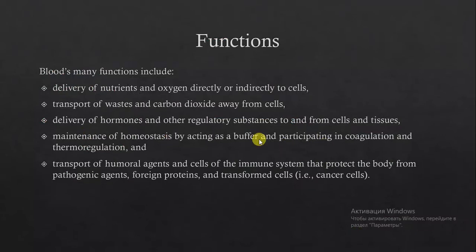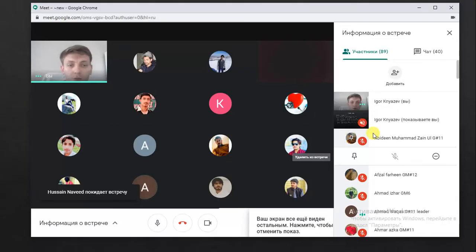Then the buffer system. I hope in chemistry you discussed what a buffer system is. A buffer system maintains the pH level at the same level. We predominantly use our bicarbonate buffer inside the blood. The main substance where all tissues are involved.